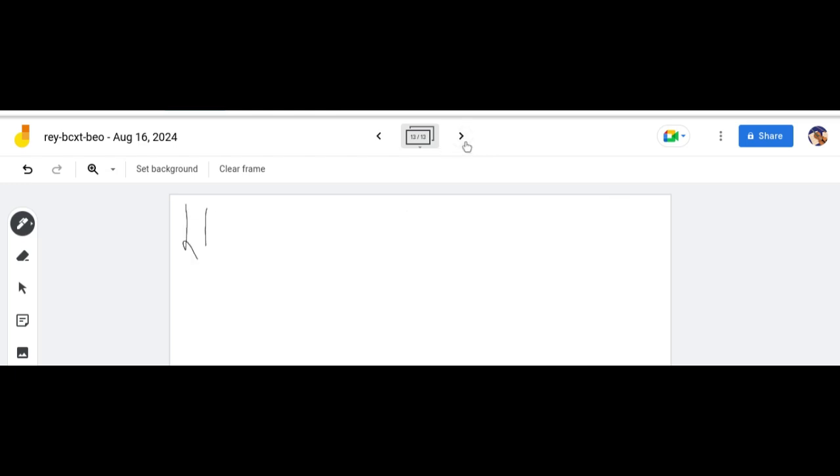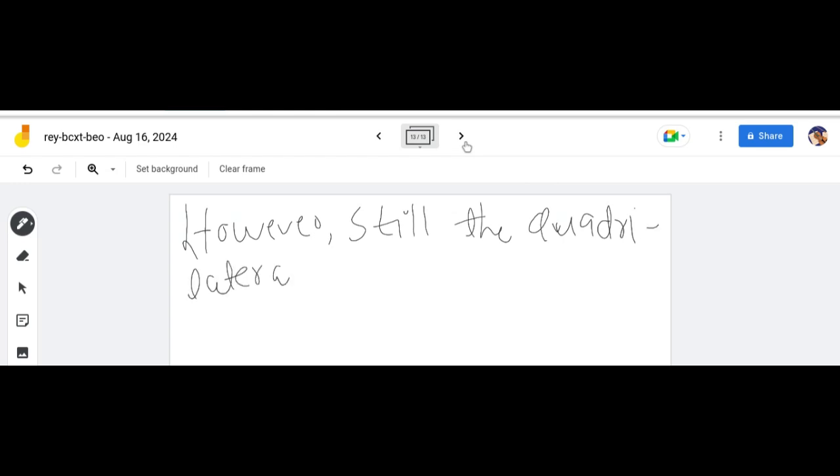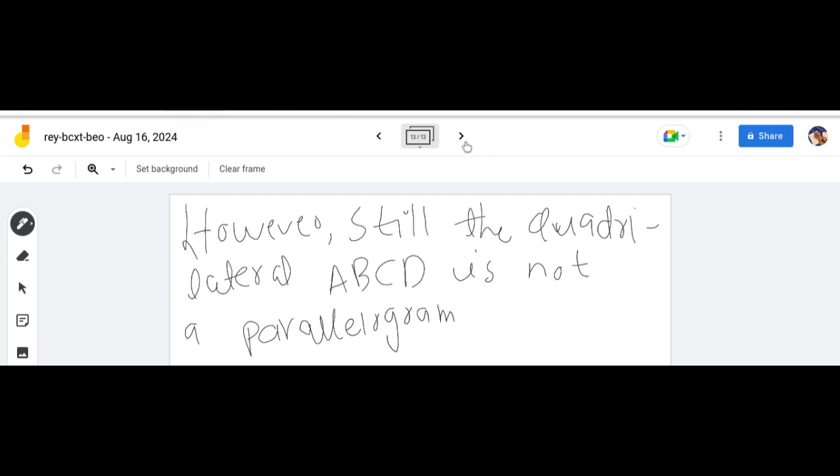However, still the quadrilateral ABCD is not a parallelogram, as the measures of the remaining pair of opposite angles are not equal.